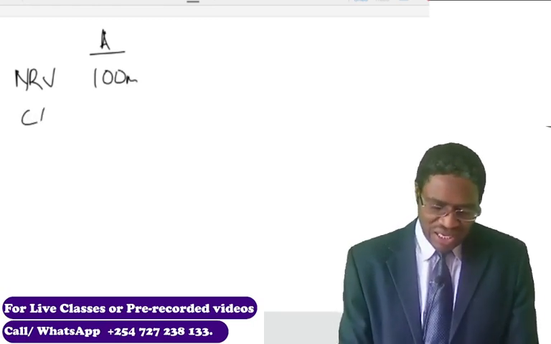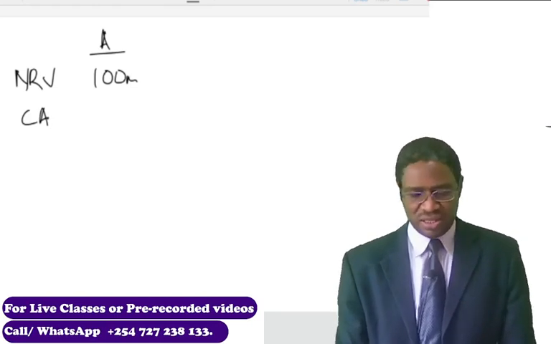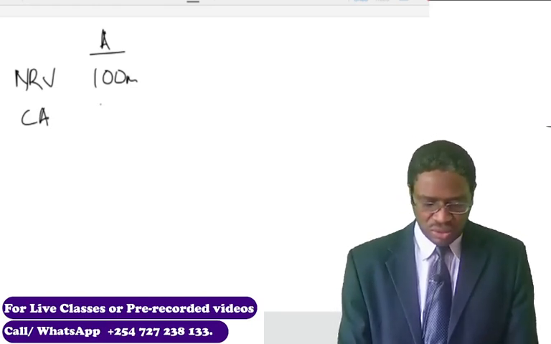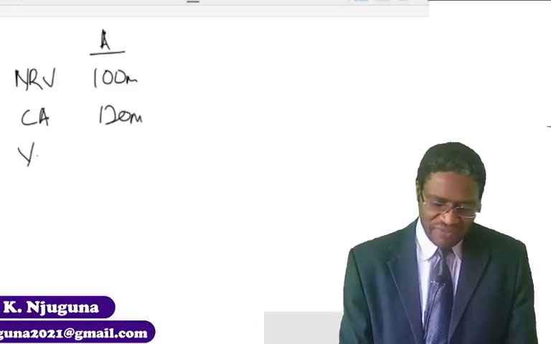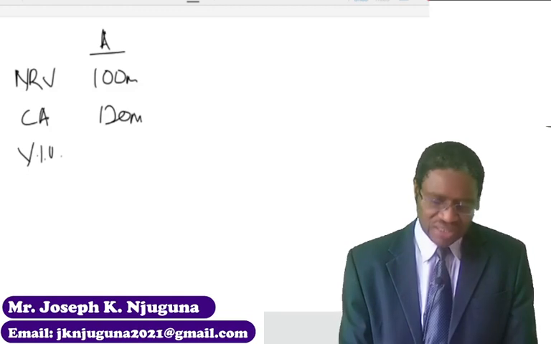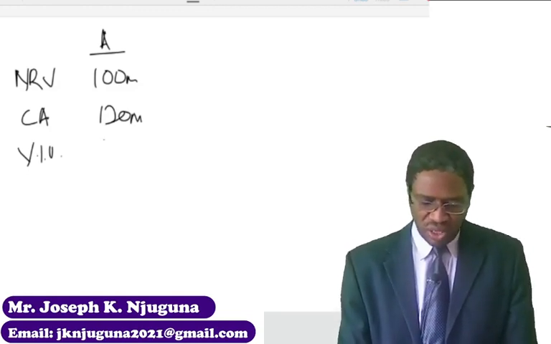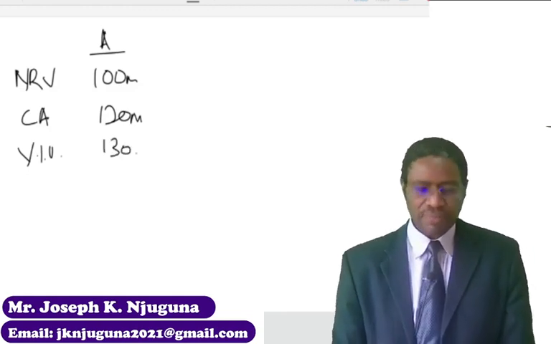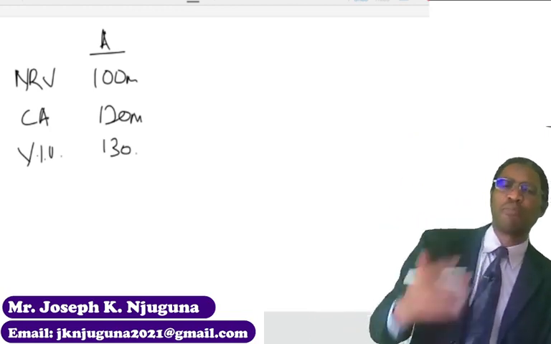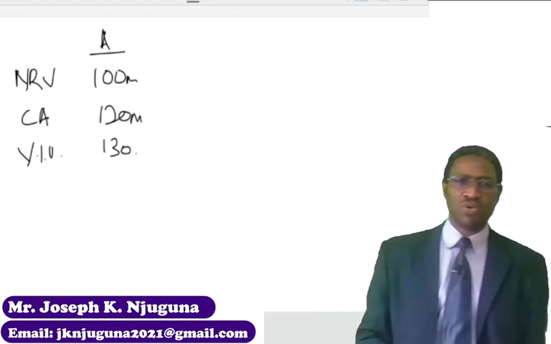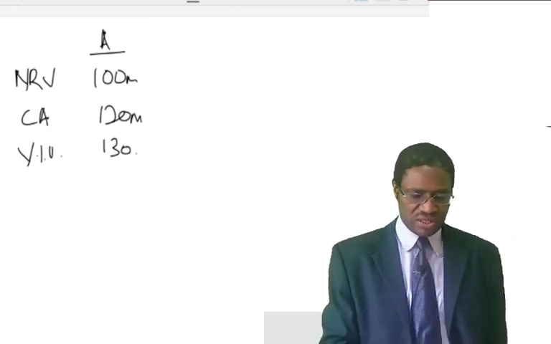And the carrying amount of that asset was 120 million. And the value in use of that asset was 130 million. If you are told to compute the impairment loss of that asset, how much has it suffered?